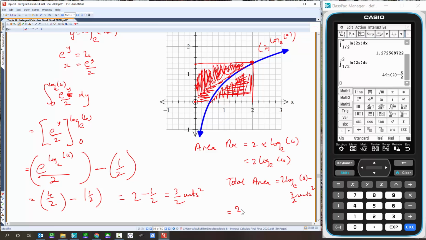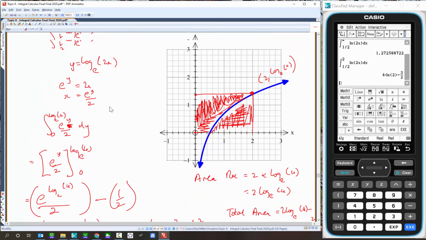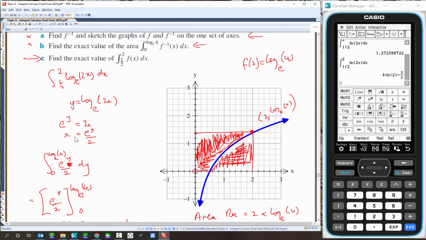So they've rewritten it as 2 log e 2 squared, take away 3 on 2, and then they've grabbed that 2, banged it at the front, and gone 4 log e 2, take 3 on 2 units squared. Okay, so that's how we can integrate a log, by considering integrating the different form of the log and grabbing the area bound by the y-axis, x-axis, and the curve.